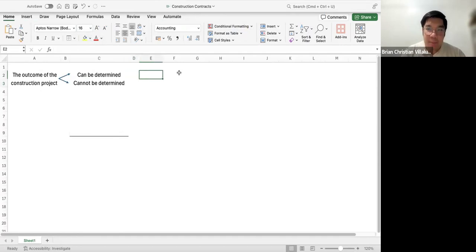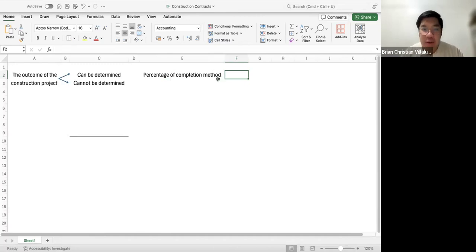So, kapag na-assess natin na kaya naman nating ma-determine ang magiging outcome ng ating construction project, PFRS 15 states that we are allowed to use what we call the percentage of completion method. So ano naman itong percentage of completion method, sir?